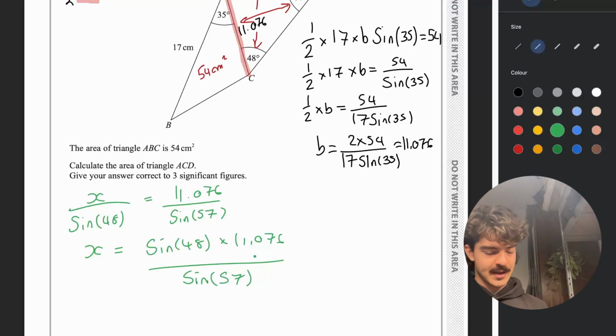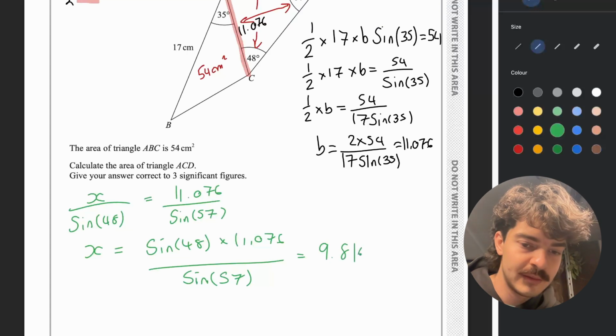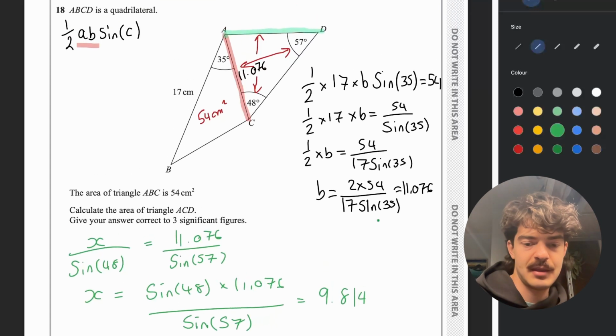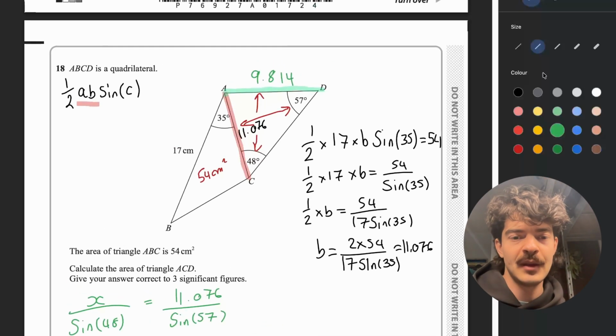Cool, let's power that into our calculator. Sine of 48 times the 11.076 divided by sine 57, giving us 9.814. I'm going to do it to 3 decimal places again. So 9.814 up there. Cool.